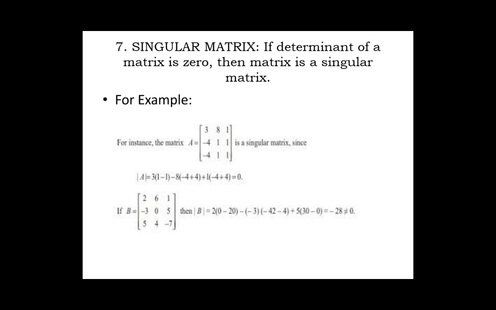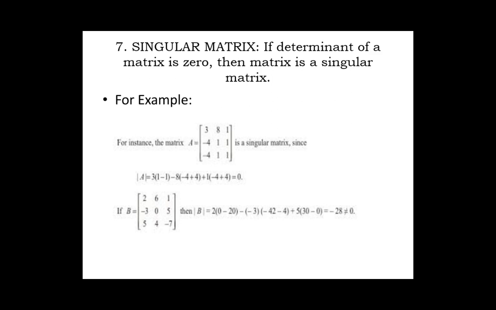To check whether the matrix is singular or not, what you have to find? You have to find the determinant of that matrix, and if the determinant is 0, then the matrix is a singular matrix, and if the determinant is not equal to 0, then the matrix will be a non-singular matrix.